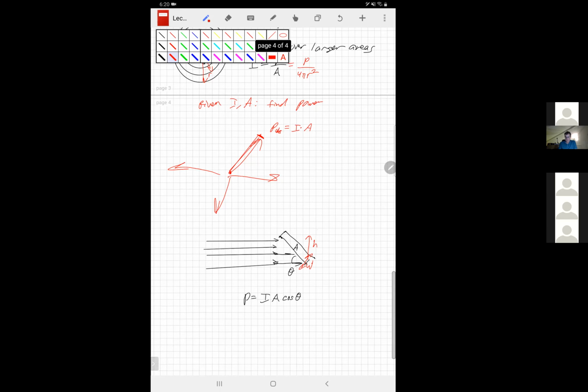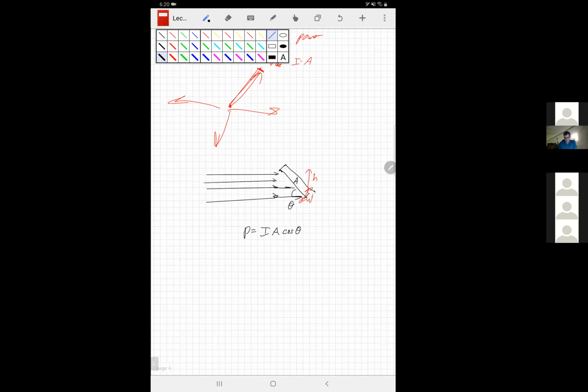So if I've got a situation with a whole bunch of, I'm just going to first draw a whole lot of rays.